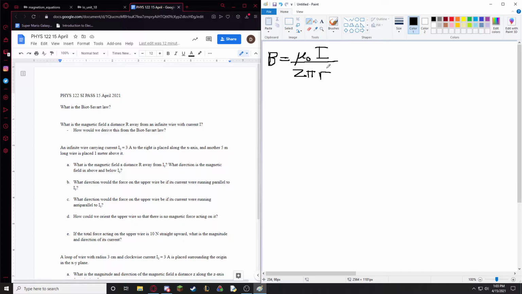Is it the magnetic field a certain distance away from a straight line current? And what specifically about the current, what's special about the current?